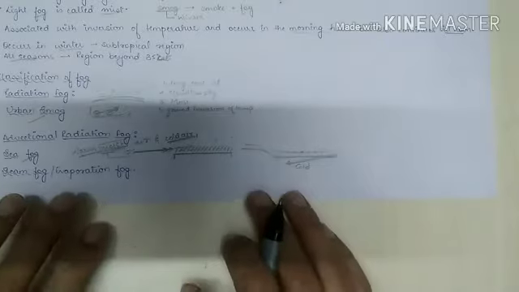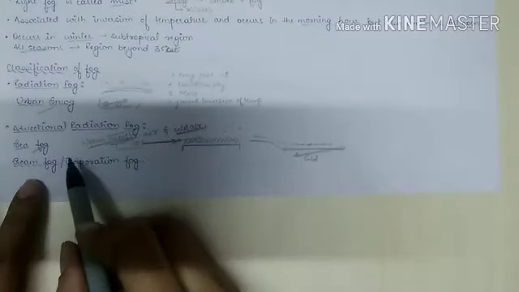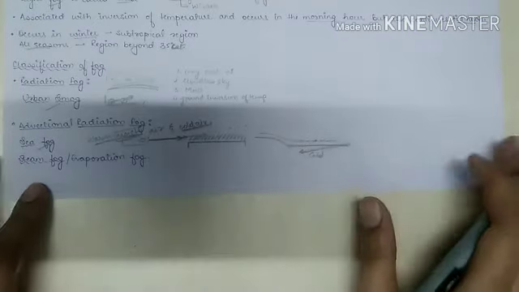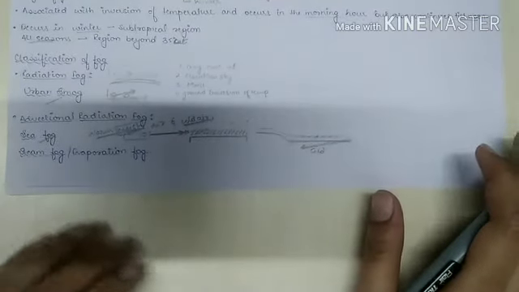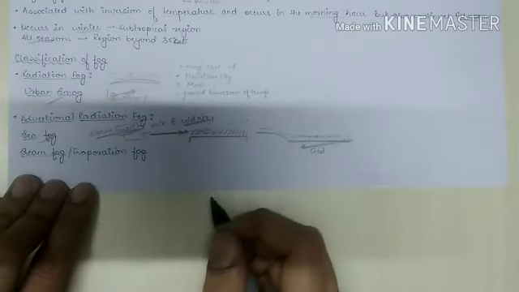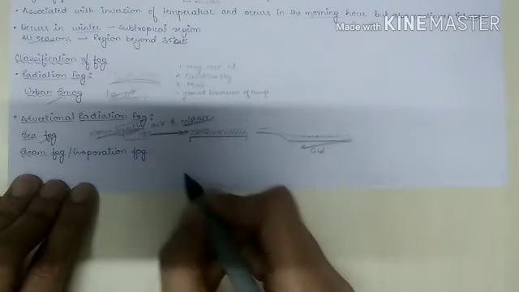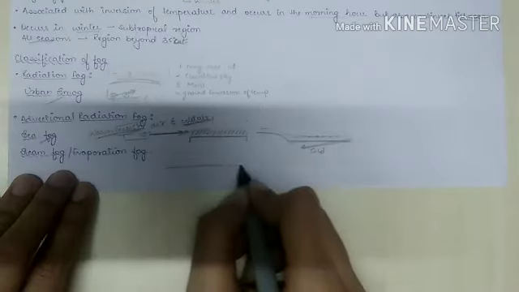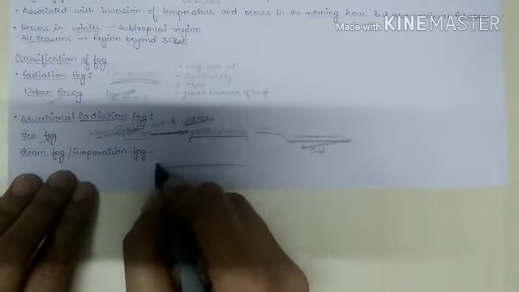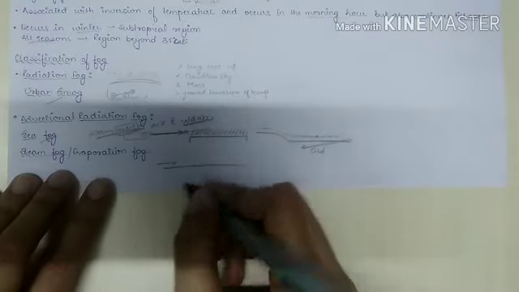Next we have steam fog. It is also known as evaporation fog. Steam fogs are advectional fogs which are formed when the cold air moves from the land over the oceanic surface.